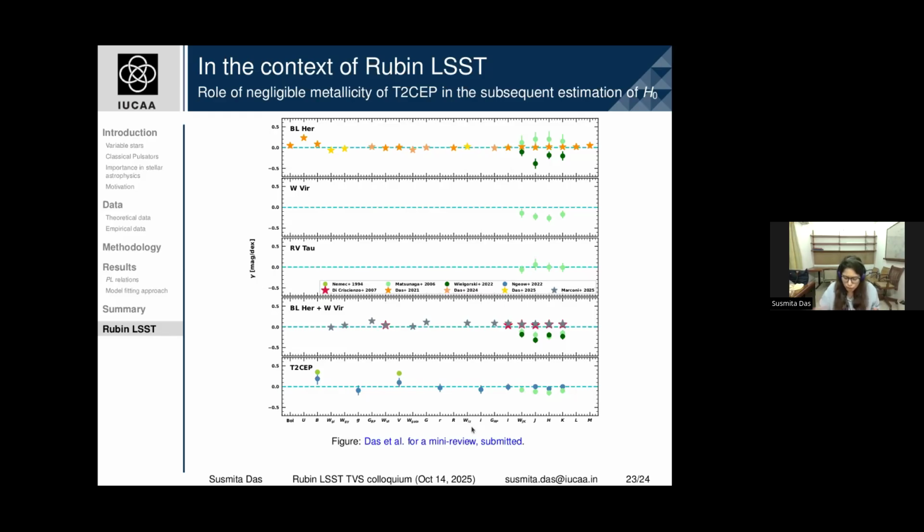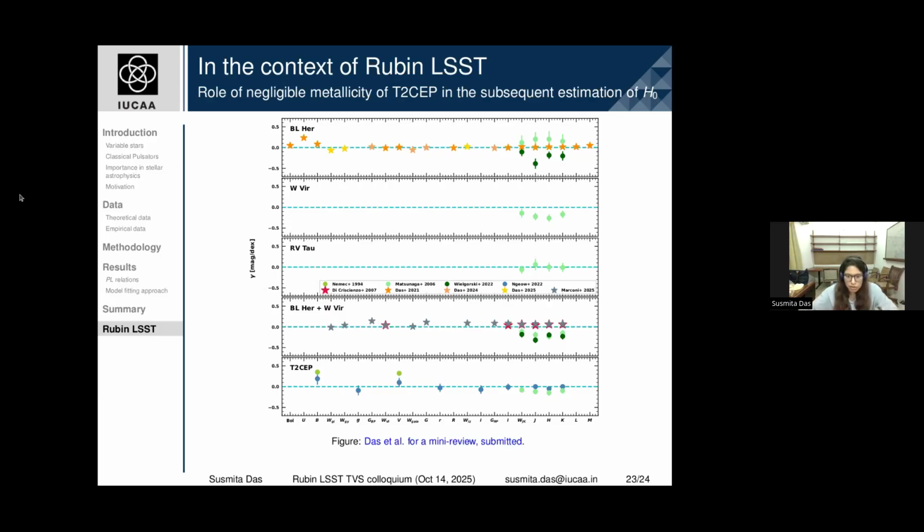Now here I would like to highlight that the missing thing that we have with respect to type 2 Cepheid research is a homogeneous determination of spectroscopic metallicity. So it is quite crucial to have homogeneous spectroscopic metallicity estimates for all of these, so that we can verify the PLZ relations also from the empirical relations.